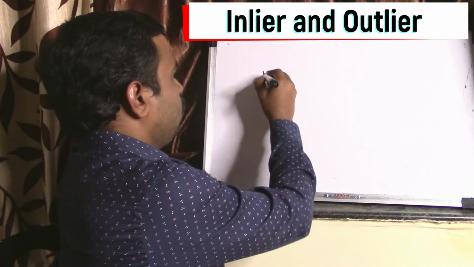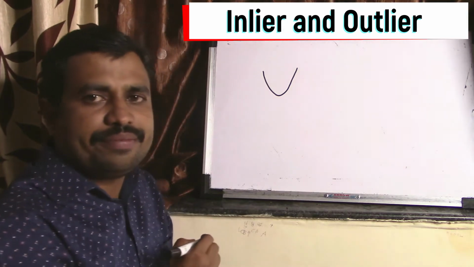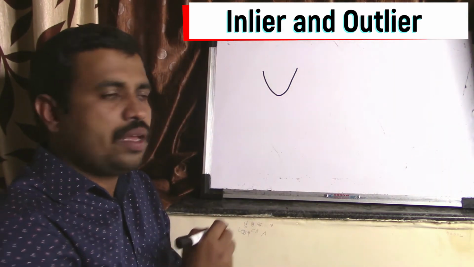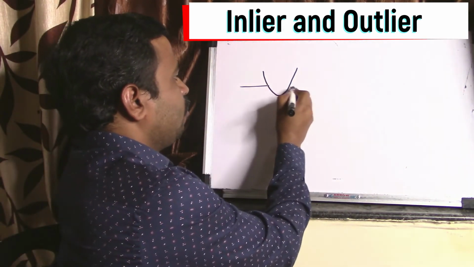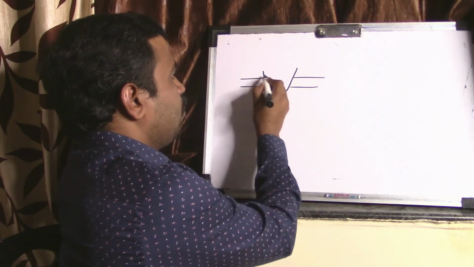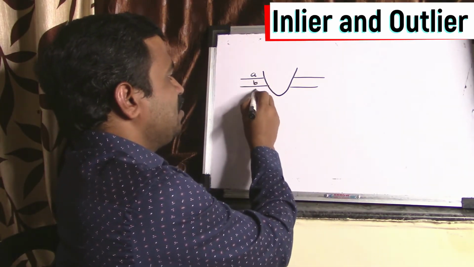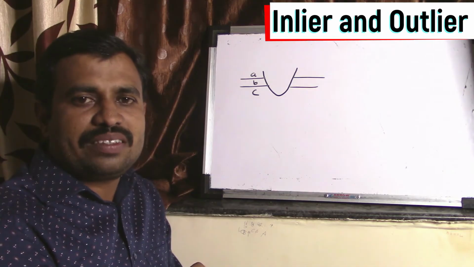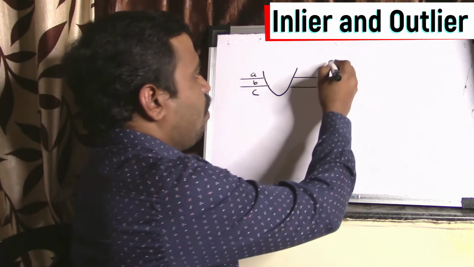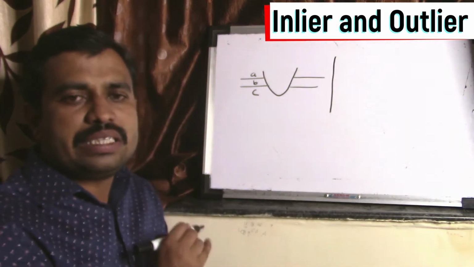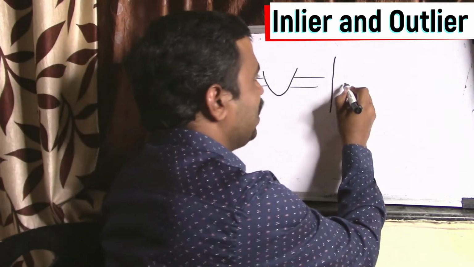Suppose this is a valley, and here you can see these are the beds A, B, C. This is one example. We will take a second example.